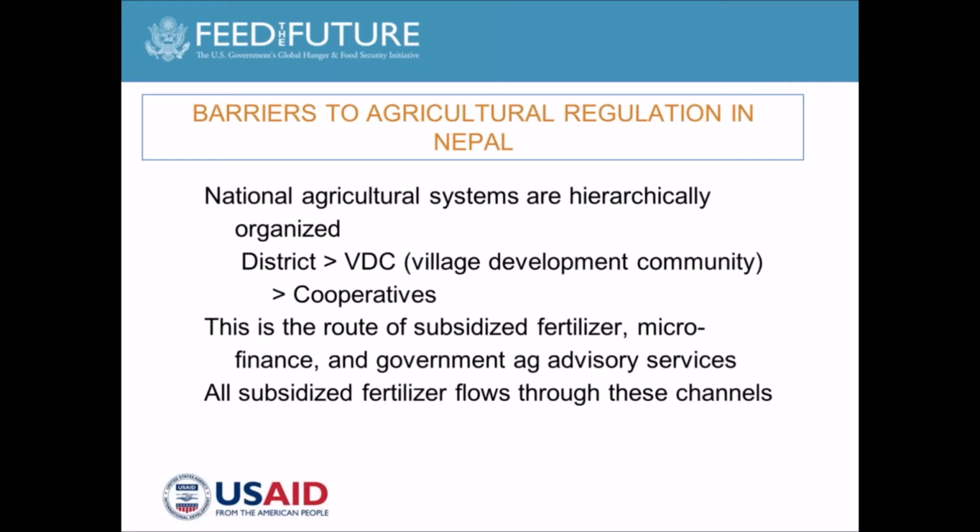Primarily this is DAP, urea, and MOP, so muriate of potash, a potassium fertilizer source. These are subsidized by the government, and they're all funneling through the districts, through the VDCs, then into the cooperatives, and then finally into farmers' hands.